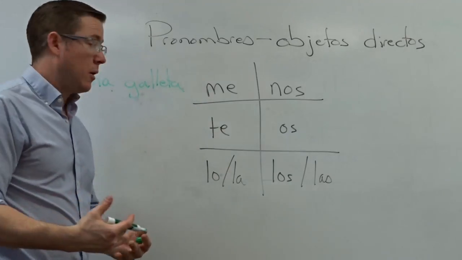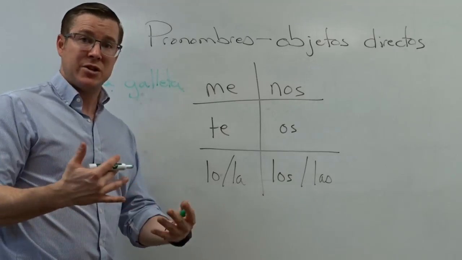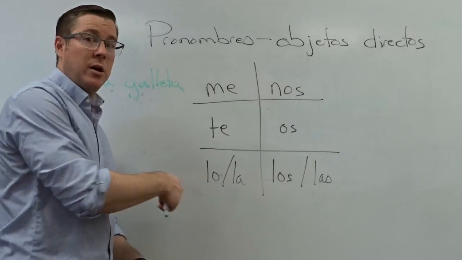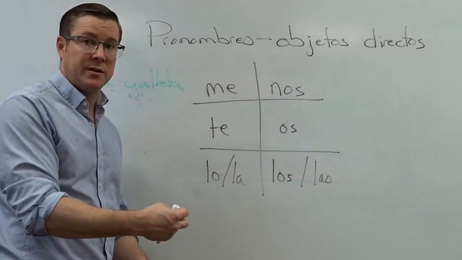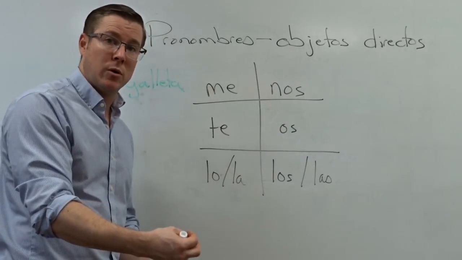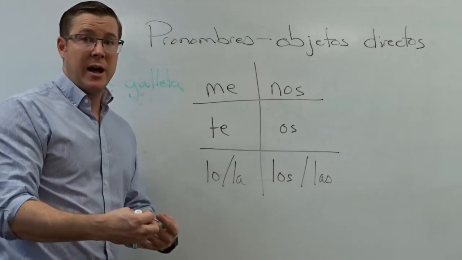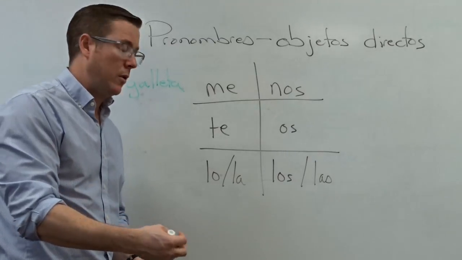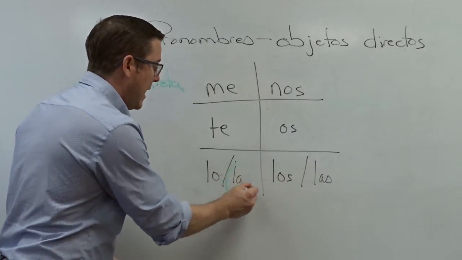So from there, I've got to identify its matching pronoun. It would not be lo, because that's a masculine singular. It would not be los, because that's a masculine plural. It would not be las, because that's a feminine plural. It would be la.